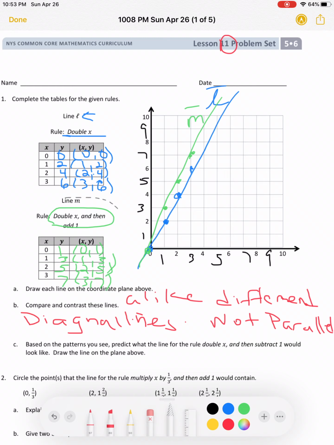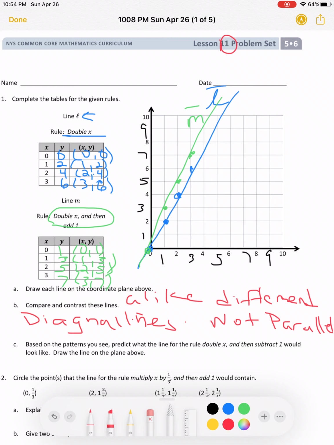We know what double x and then add 1 would look like, and that's our green line, which is above the double x line. Where do you think double x and subtract 1 would belong on our coordinate grid? Do you think it would go above line M, in the middle of line M and L, or below line M and L?